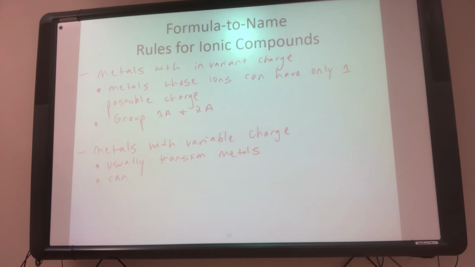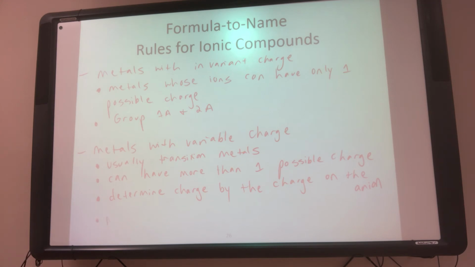So these can have more than one possible charge. The way that we're going to determine their charge is by the charge on the anion. So we look at who they're paired with. Depending on who they're paired with depends on what they're going to be. So the anion is going to determine what the metal charge is going to be.